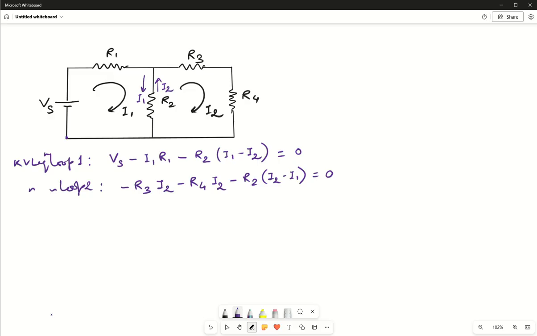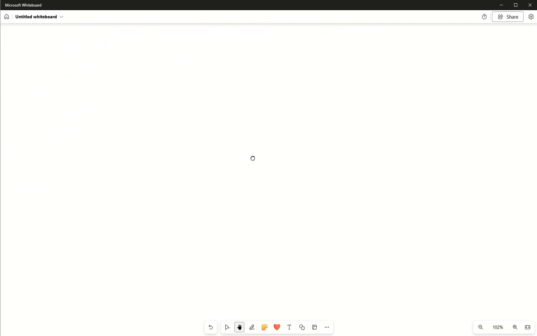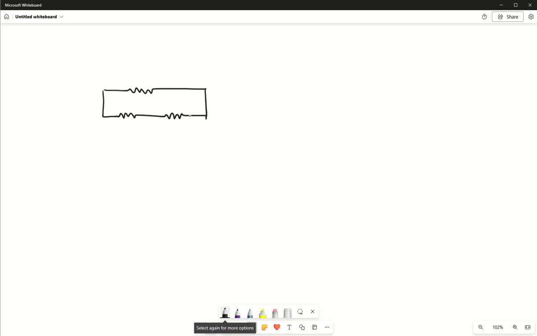Like this we can also go for another circuit where we might have more loops. So let us consider a new circuit. Suppose this is a resistance, this is another one, this is another one, this is one supply, this is a resistor.